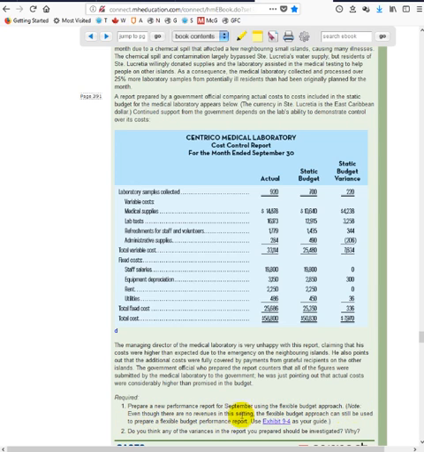Note, even though there are no revenues in this setting, the flexible budget approach can still be used to prepare a flexible budget performance report, and we can use Exhibit 9-4 as the guide. So let me flash that up here for you.